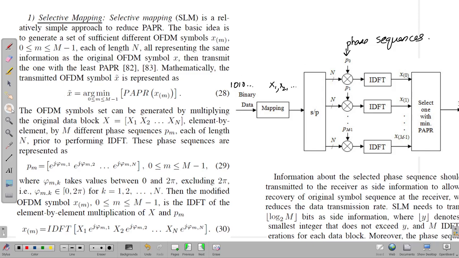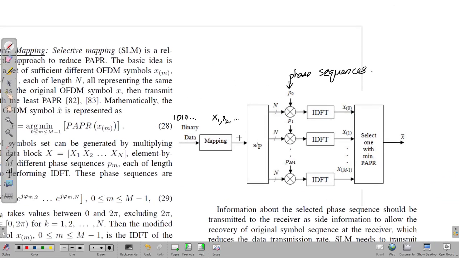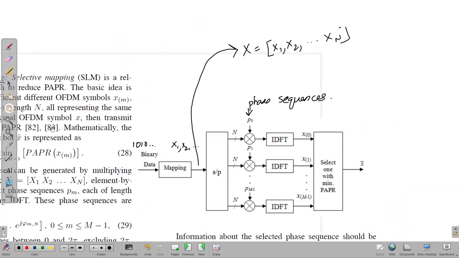At this point you have the signal after modulation, x1, x2 up to xN, and the same symbols go to each branch, where P naught gets multiplied with each of these signals.